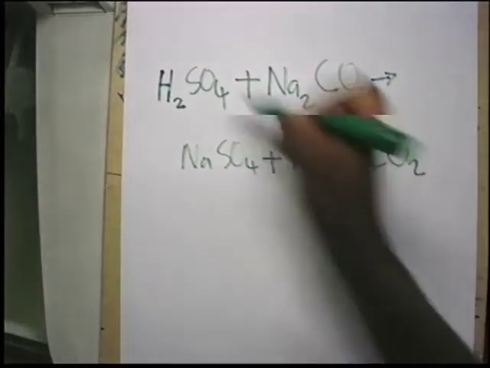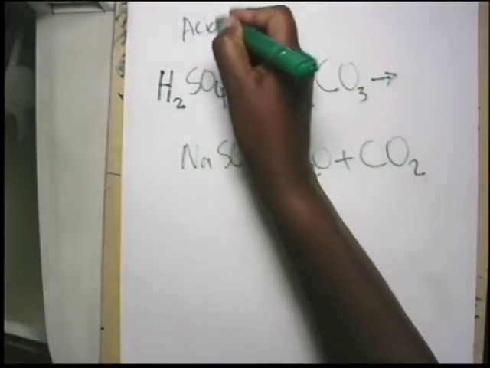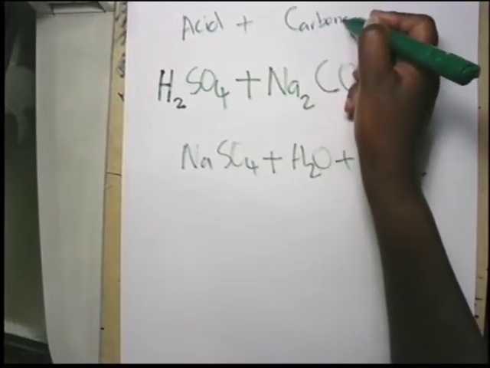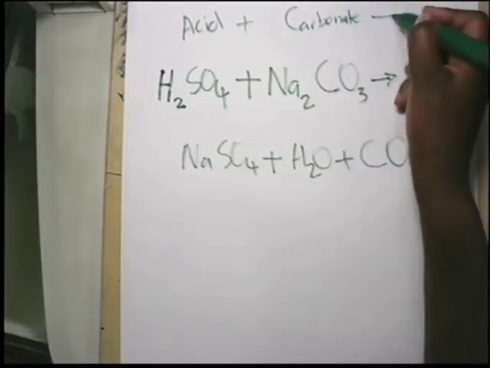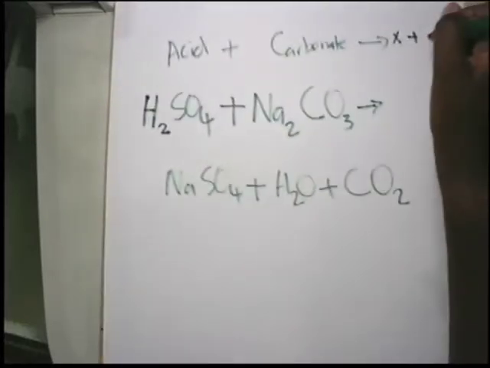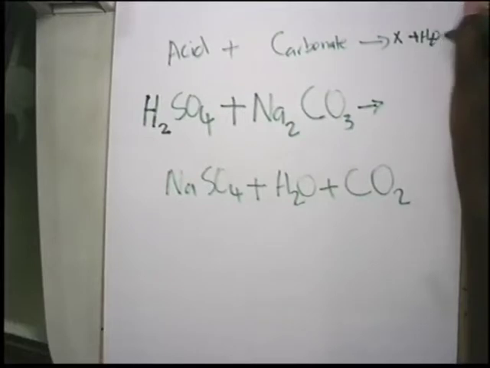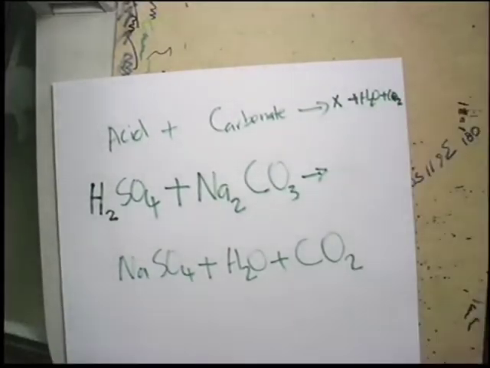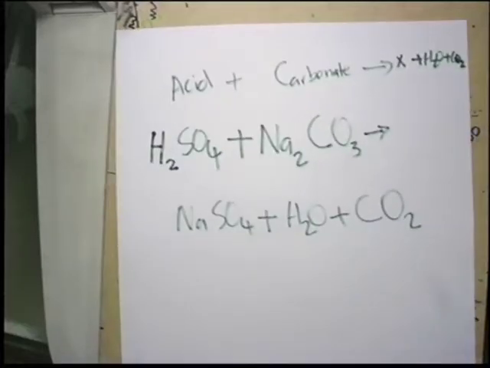We know that when we have an acid reacting with a carbonate, it gives off a certain compound, but in the products there must always be water and carbon dioxide. So this is a generic equation. Let's rewrite it nicely so we can balance it out.